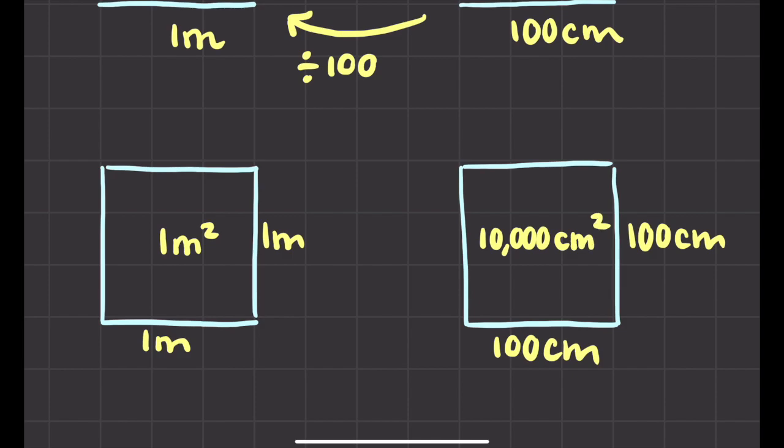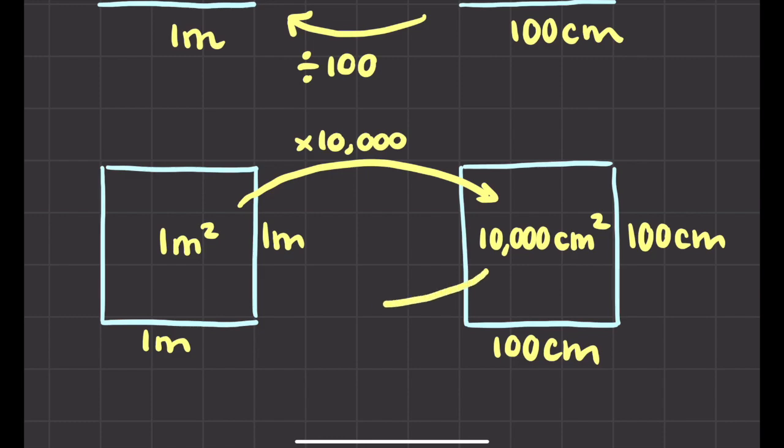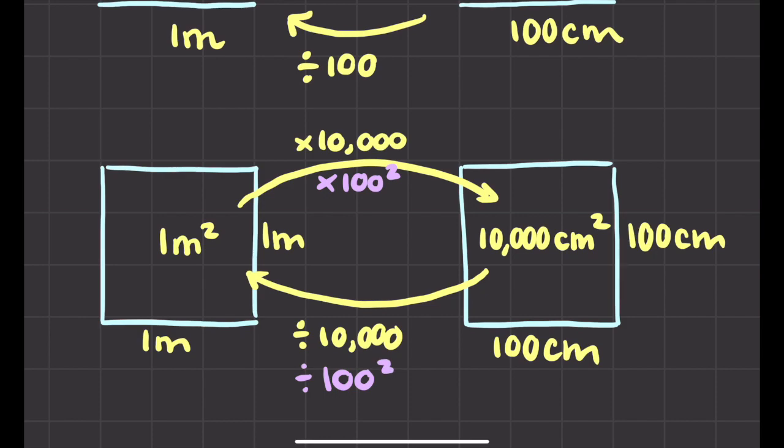And so to get from meters squared into centimeters squared, you had to multiply it by 10,000. Or to go from centimeters squared back into meters squared, you had to divide it by 10,000. And actually that's the same as timesing it by 100 squared, or dividing it by 100 squared, because it's an area. Okay, units squared.